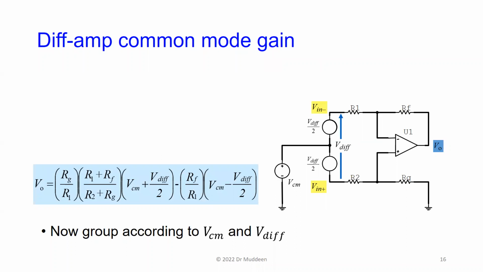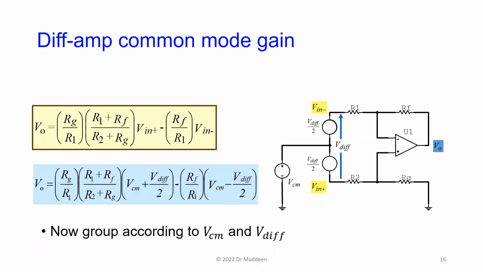All right. So if I do it, the slide went a little bit backwards. This is what I had before. So this is what we derived a little bit ago.